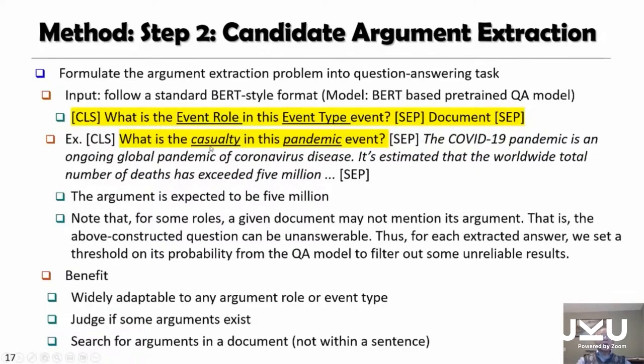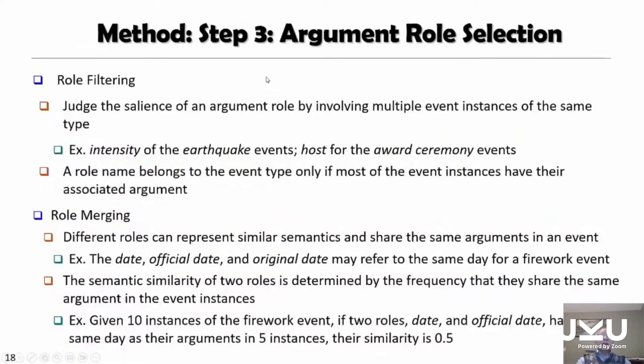Of course, sometimes you try this prompt, you may not get a high quality one. You can think this question for this particular sentence is not answerable. Okay. And with this, we actually can work out how to get roles and how to get arguments. With the roles, if you have multiple events of the same type, like earthquake, you probably will find that the multiple events all share a common role, for example, intensity, and that intensity likely will be an important one.